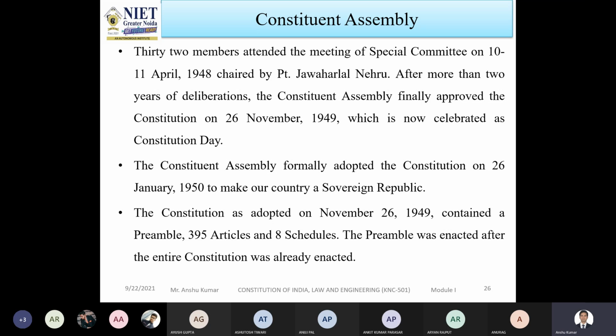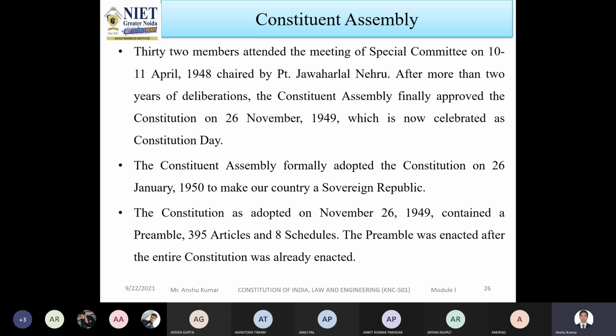A special committee was formed to finally enact this Constitution, to completely apply it. At the special committee meeting on 10th April 1948, chaired by Pandit Jawaharlal Nehru, after more than 2 years of deliberations, the Constituent Assembly finally approved the Constitution on 26 November 1949.